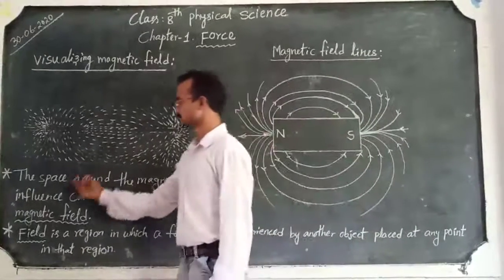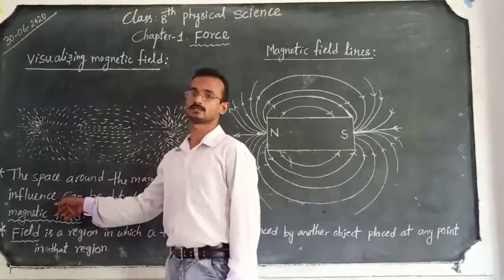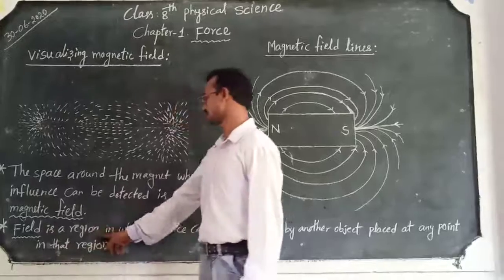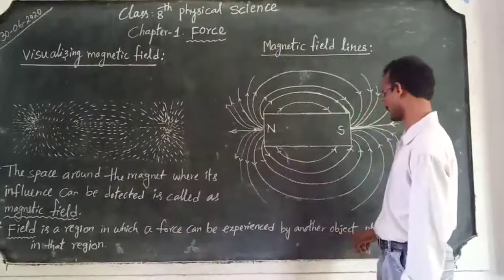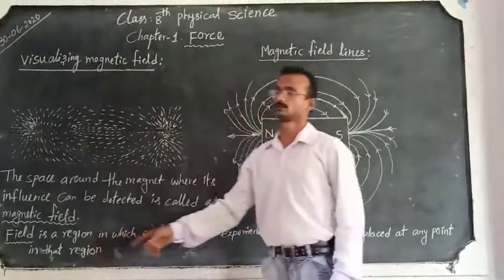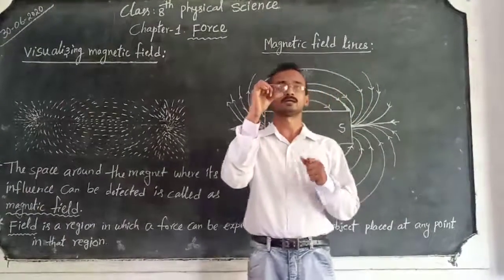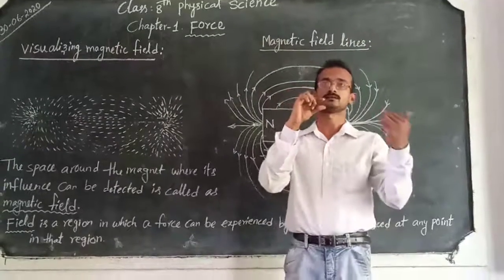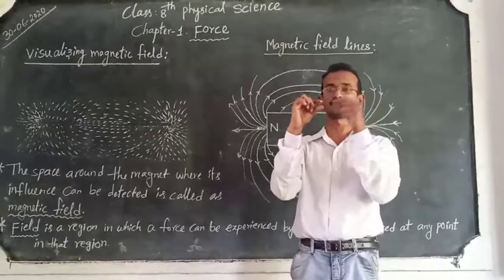Generally, a field can be defined, not only a magnetic field but also a gravitational field or electromagnetic field, as a region in which a force can be experienced by another object placed at any point in that region. For example, there is a bar magnet. Around this bar magnet, up to a certain region, if any magnetic substance is placed, it is influenced by this magnet.